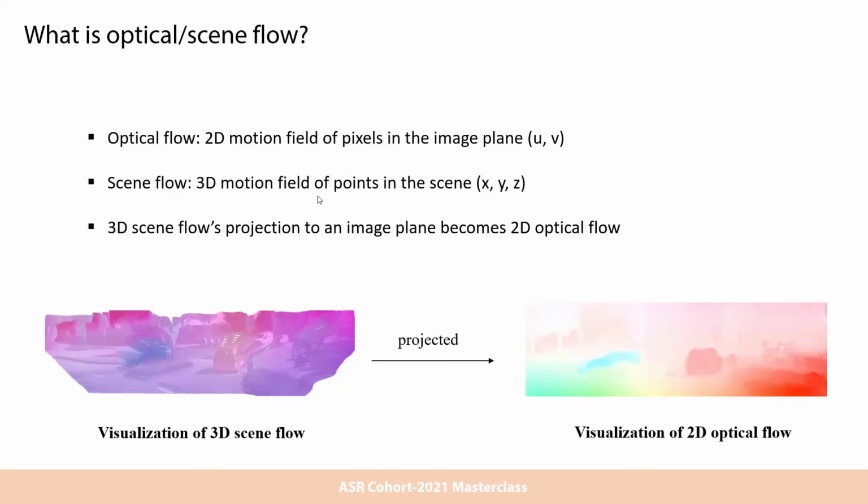For each point, the output has three values indicating the motion along the x, y, and z axes. So scene flow is actually an uplift of optic flow, and its projection to an image plane becomes a 2D optic flow. Also, optic flow and scene flow are low-level understandings of dynamic scenes and can be used in high-level downstream tasks.